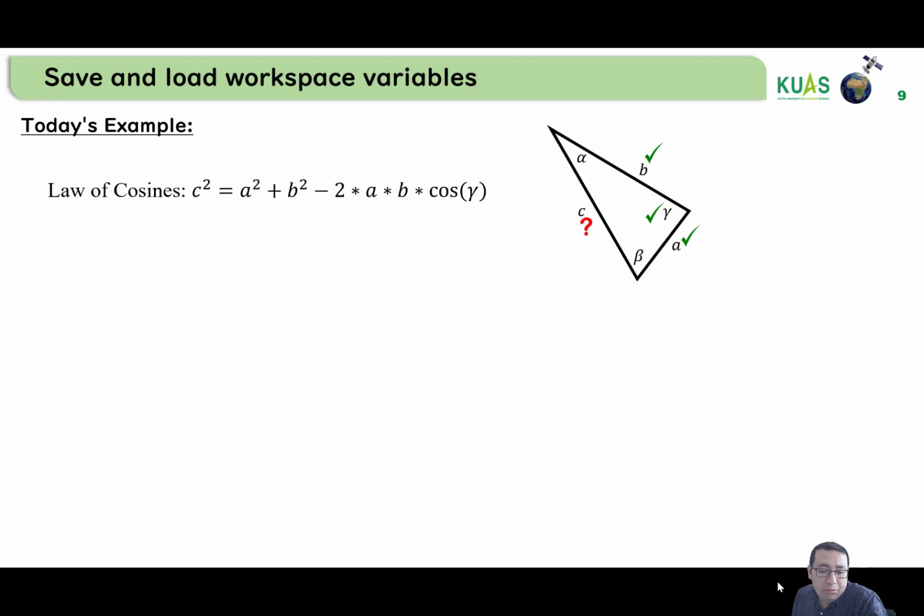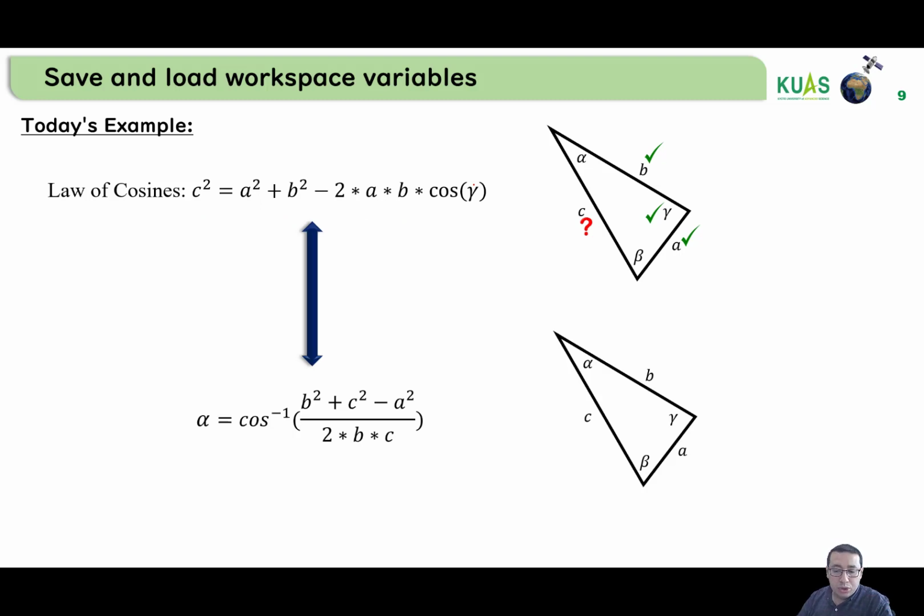And for today's example, we talked during high school about the law of cosines. In the law of cosines, if we need to know the length of side C, we can estimate it from A, B, and gamma. So C squared is equal to A squared plus B squared minus 2AB cosine gamma.